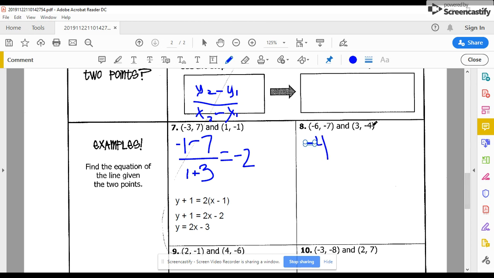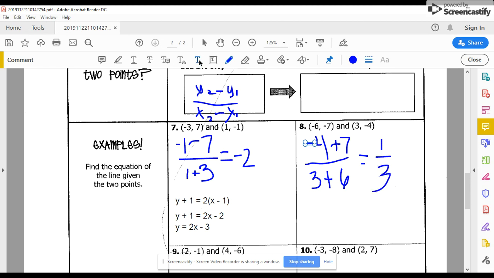Y2 is negative 4, minus negative 7 is plus 7, and then 3 minus a negative 6 is 3 plus 6, which gets us, this top is 3 and the bottom is 9, so 3/9 reduces to 1/3.